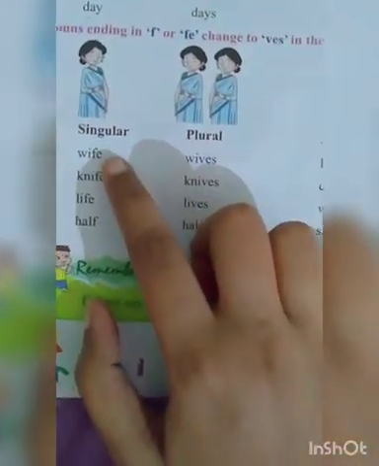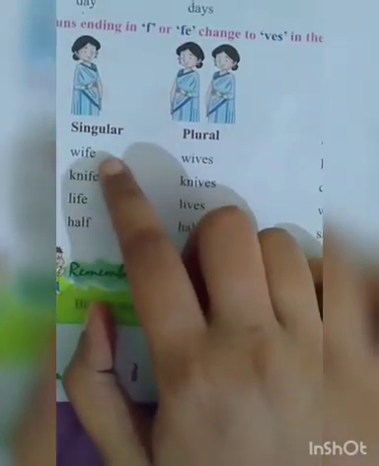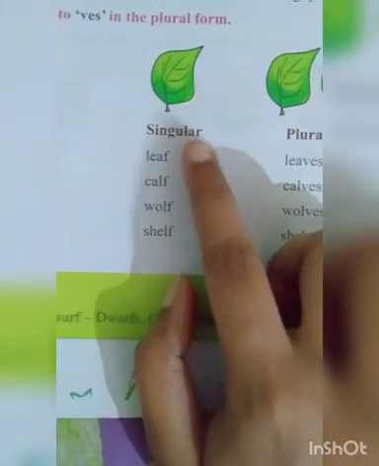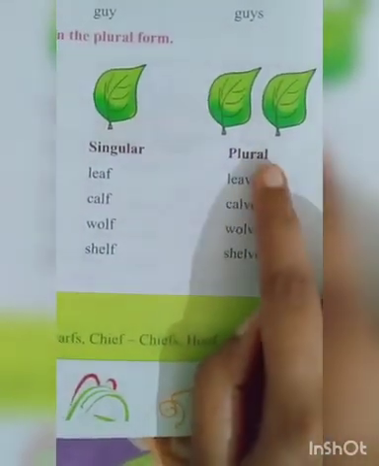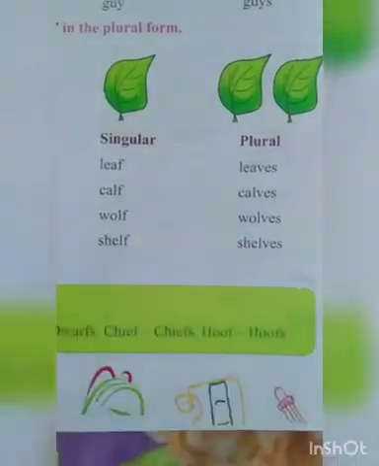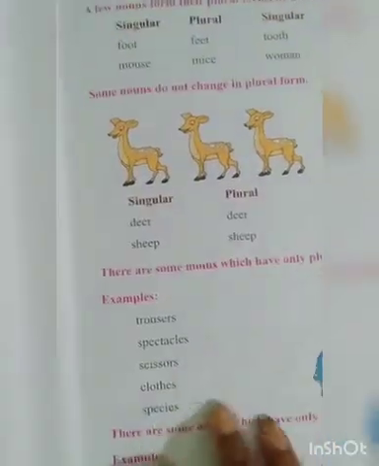Now children, have you noticed that the words wife, knife, life were ending in FE, and from here the words are ending in only F. No problem, we will put VES in the plural form. Wolf, wolves. Shelf, shelves. Okay, good.